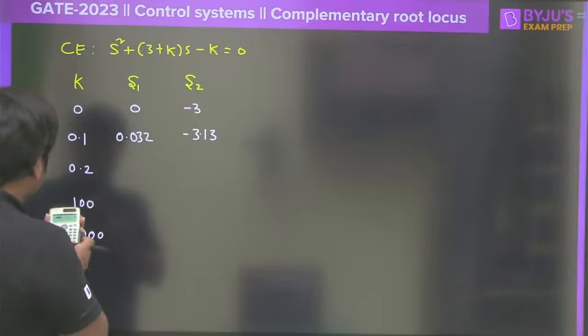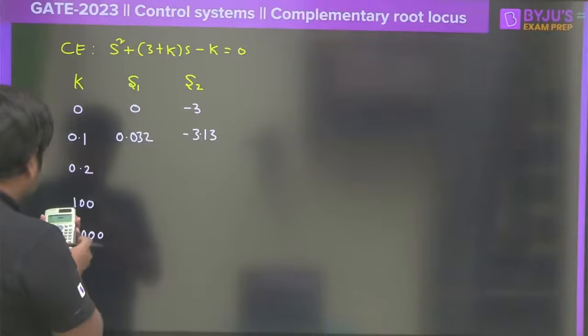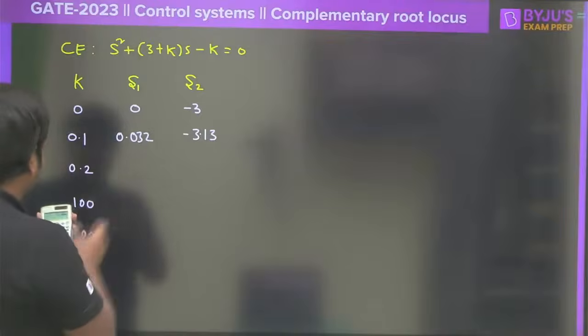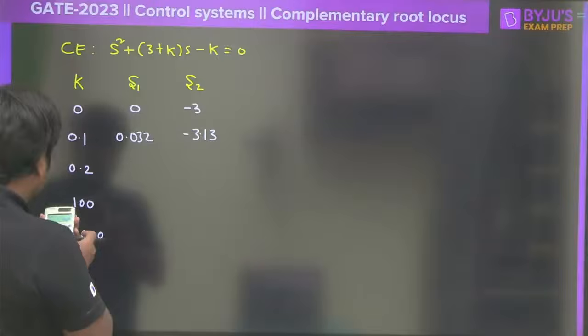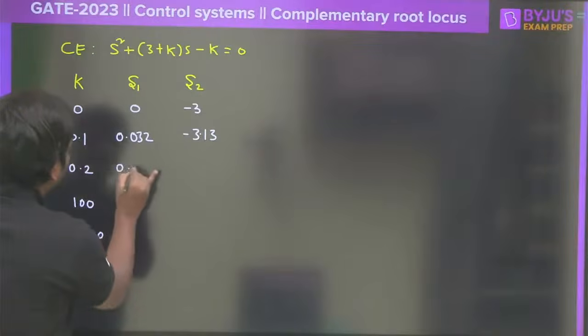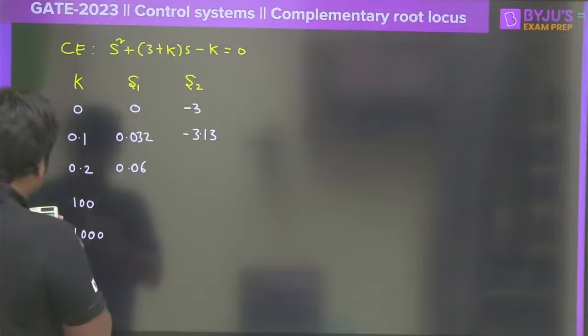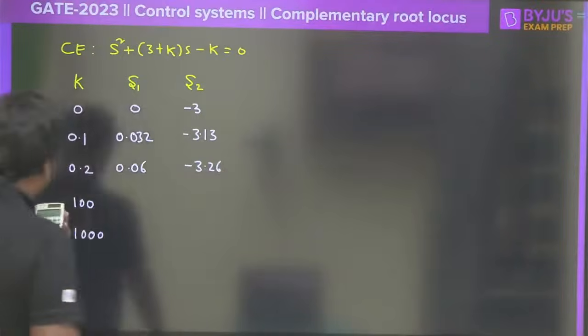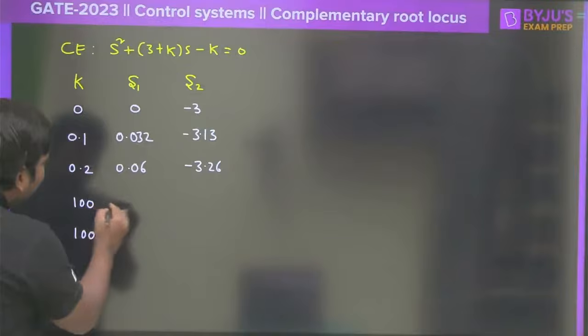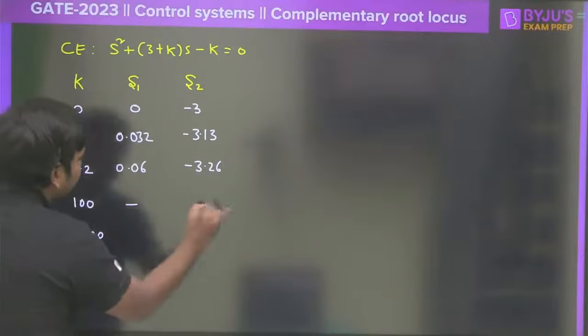This is the beauty of mathematics, I would say. So it is 3.2 and then minus 0.2, right? So the values will come as 0.06 here, and then minus 3.26 here, clear? Minus 3.26 here.